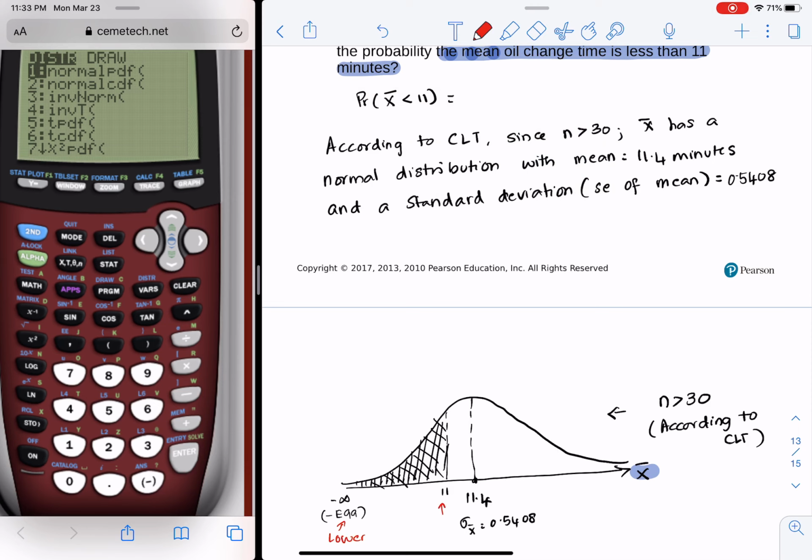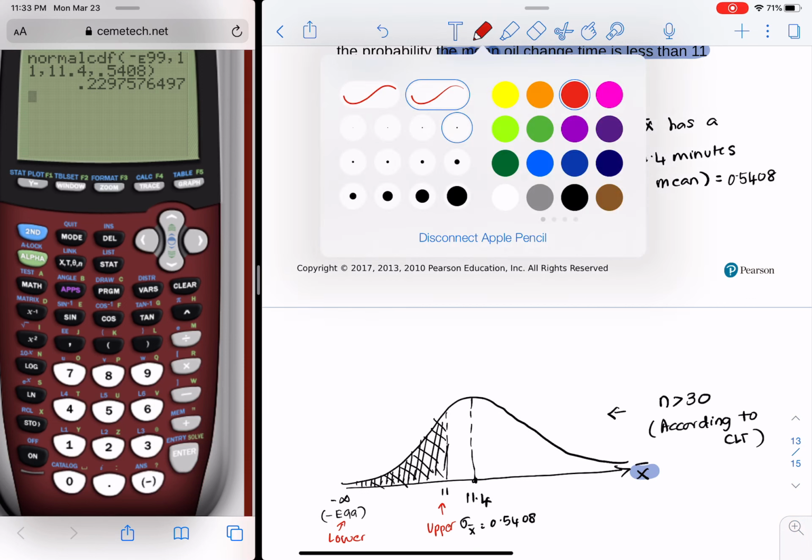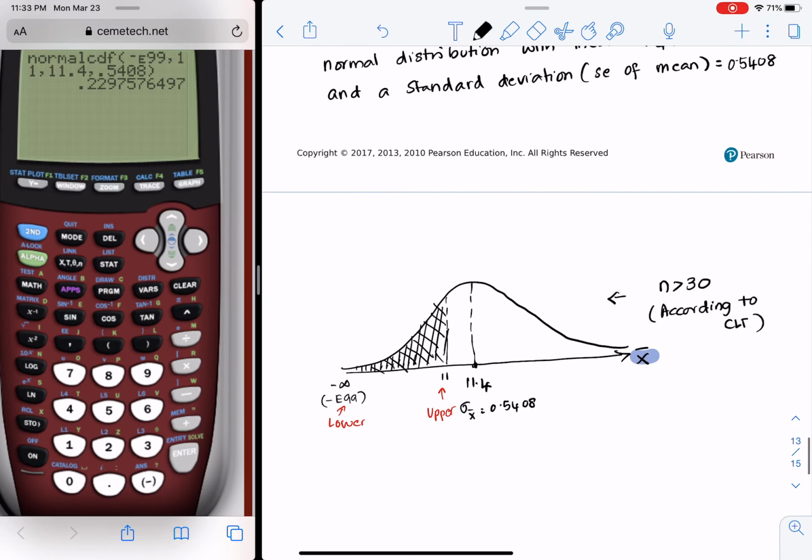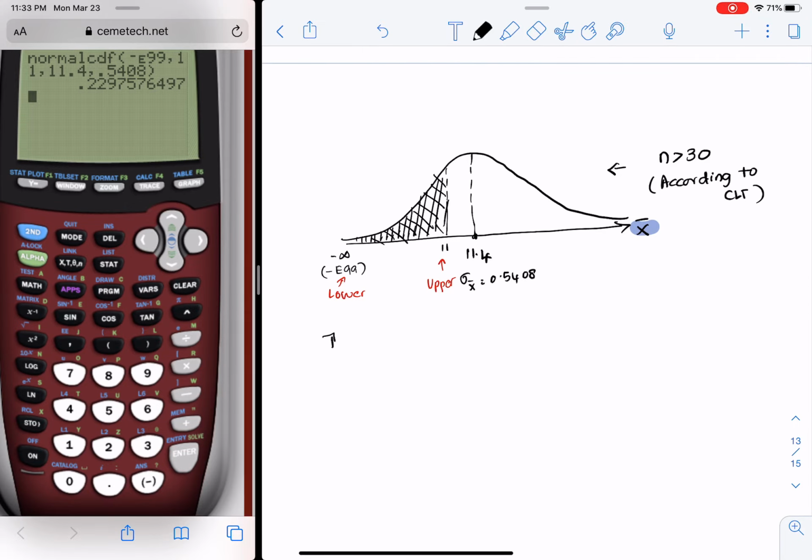The upper endpoint is 11, so normal CDF, negative E99, comma 11, the mean is 11.4, and the standard deviation is 0.5408. And that answer is 0.2297.